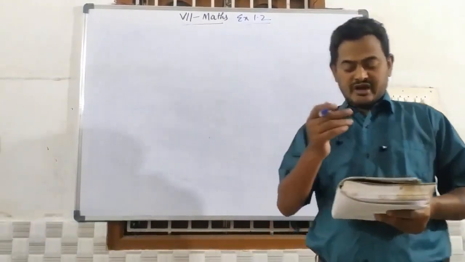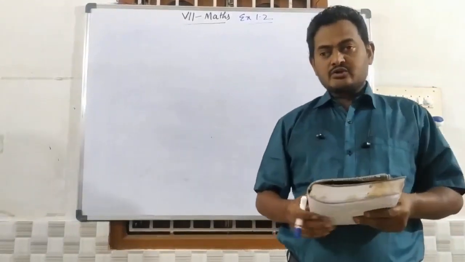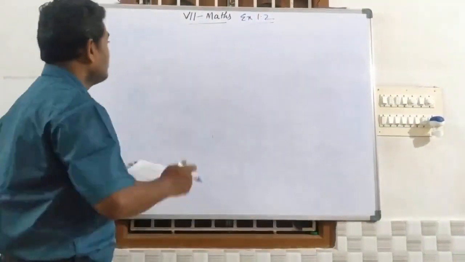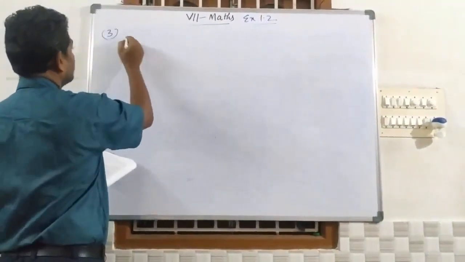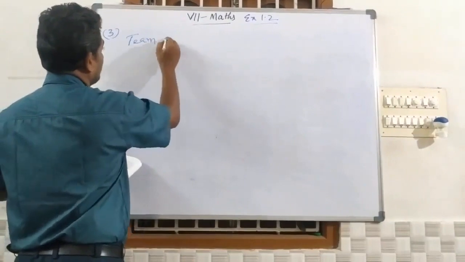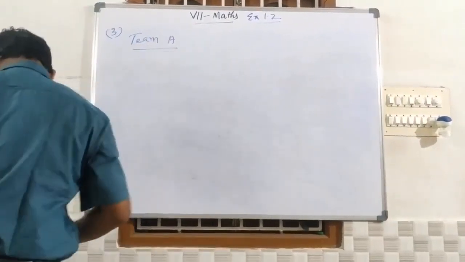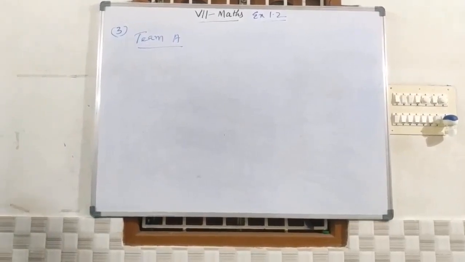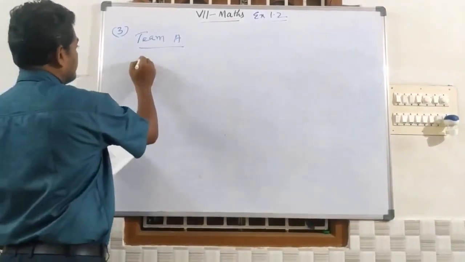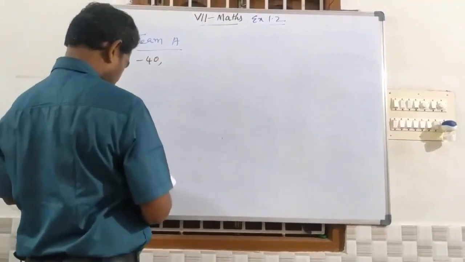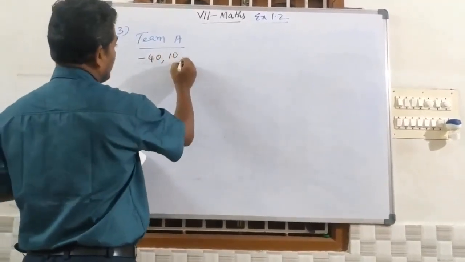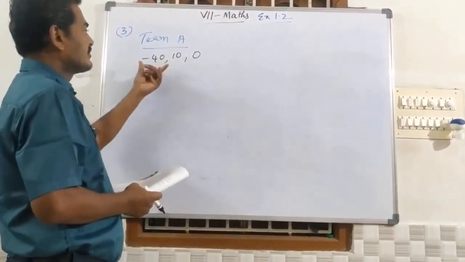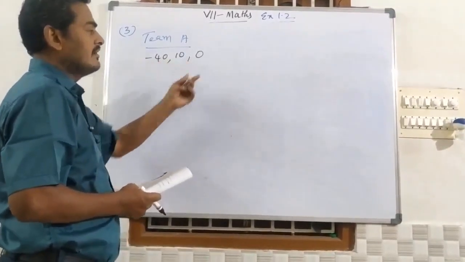There are rounds conducted in a quiz program, and there are two teams, team A and team B. Third question: what are the scores of team A? Team A scores are minus 40, 10, 0. These are the scores in three successive rounds.